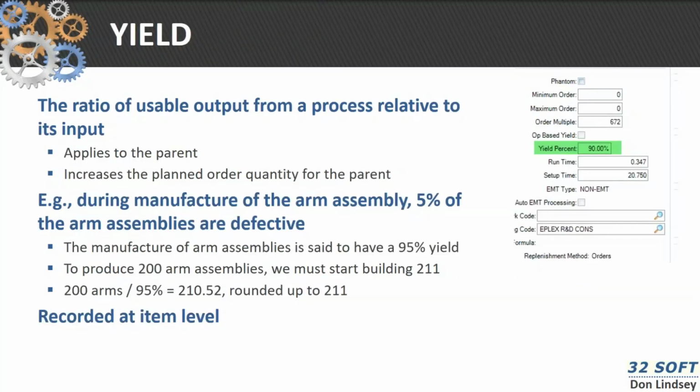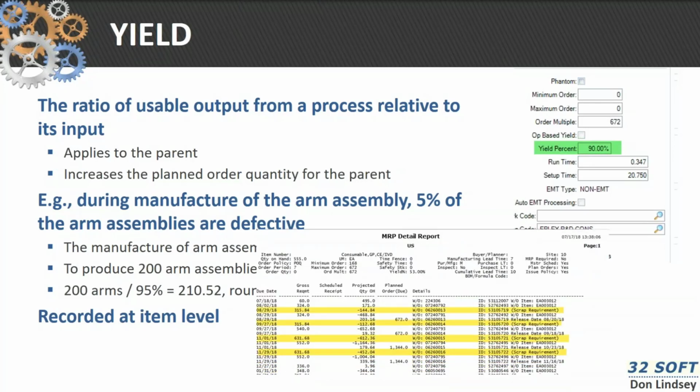There's a yield factor in QAD, and this is the ratio of usable output from a process relative to its input. So if you fill in a yield factor in 1.4.7 or 1.4.17, you can see that QAD is going to add what's referred to as a scrap factor in the MRP for every planned order.